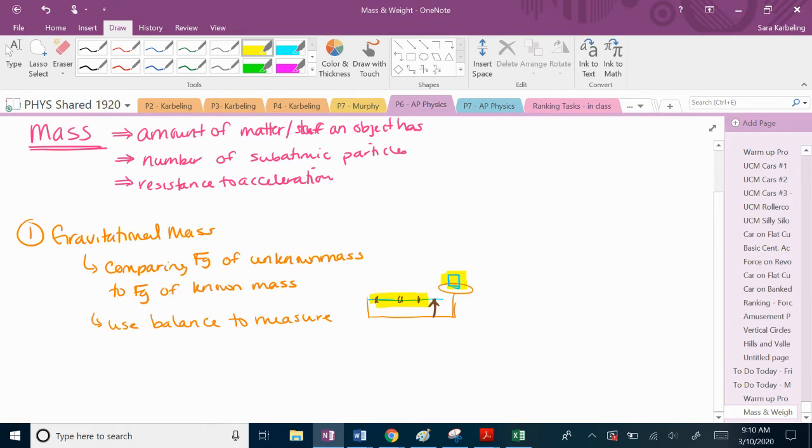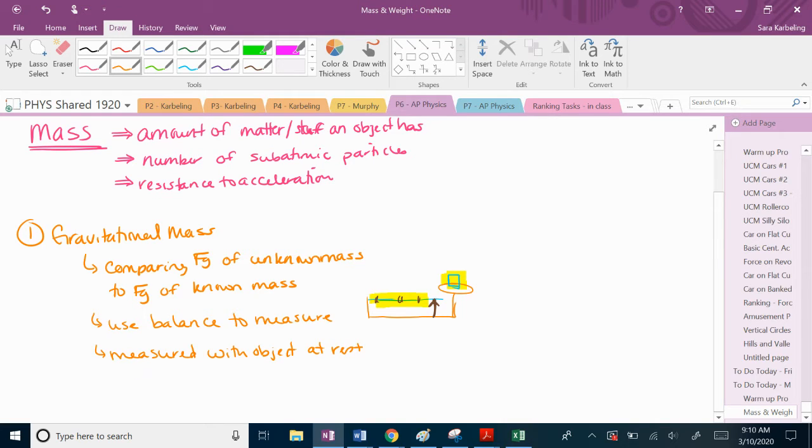And one of the key things that you need to know about gravitational mass is that when you're measuring it, it's measured with the object at rest, okay?